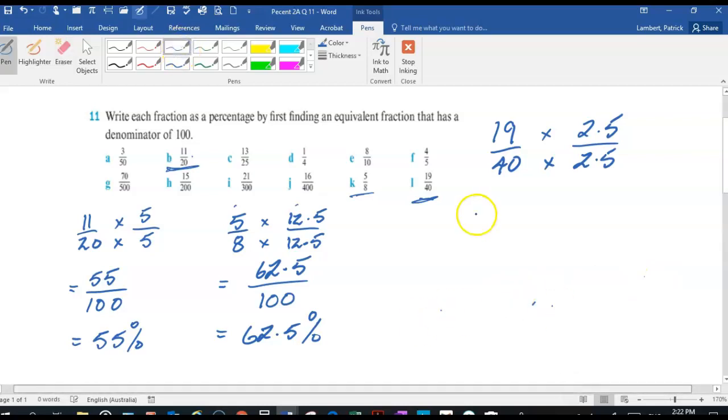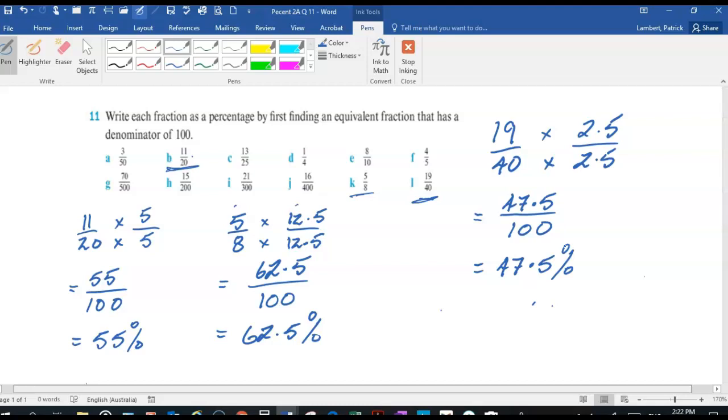So that becomes over 100, 2.5 by 40, and 2.5 times 19 comes to 47.5. You can check that if you like, but you'll find I'm correct. So the answer is 47.5%. That's how we do those ones as equivalent fractions.